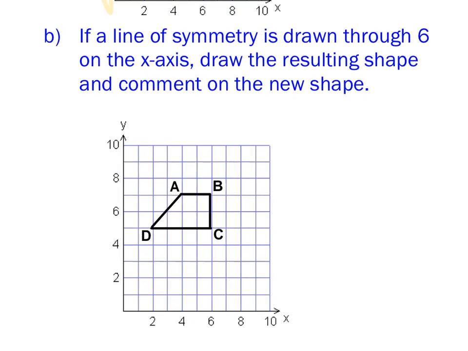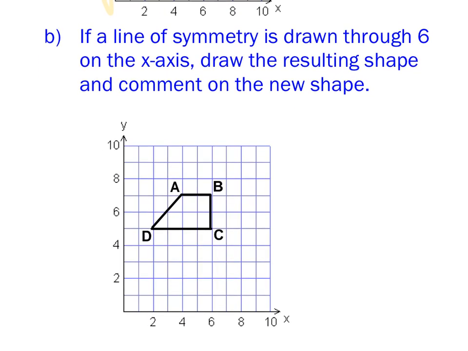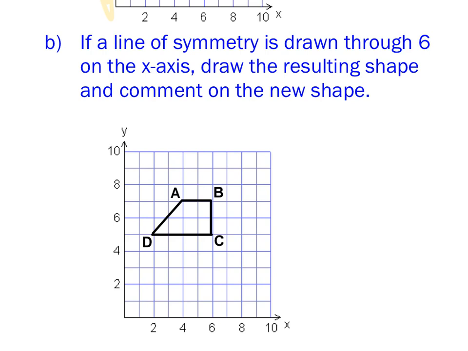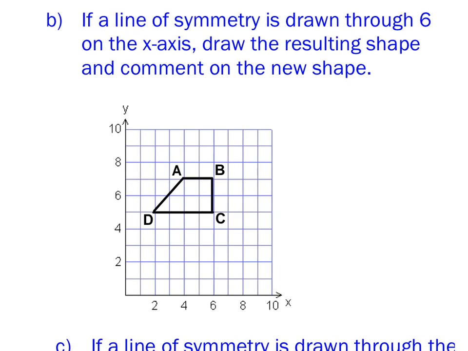So part B says, if a line of symmetry is drawn through 6 on the x-axis, draw the resulting shape and comment on the new shape. So where is the x-axis? Well, the x-axis is down here. 6 is right here. So we're going to be drawing a line through the number 6. And then we're going to reflect the pentagon over that line.